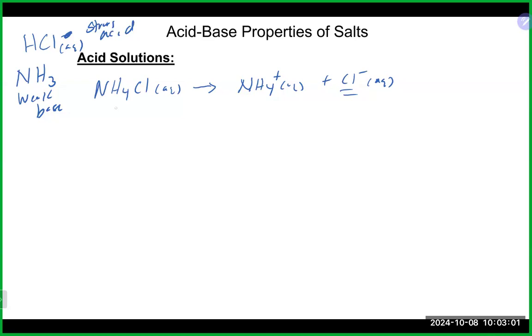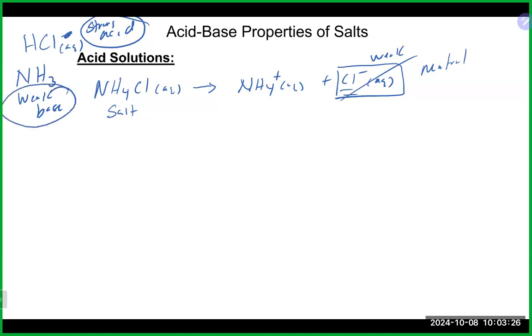And again, that can be helpful when we're looking at this salt to help us determine if there's going to be any type of hydrolysis. Well, we clearly know, hopefully, that the chloride, which comes from this strong acid, is going to be relatively weak and really a neutral salt. So that's not going to do anything. The NH4 plus comes from a weak base, which means it will go through hydrolysis.